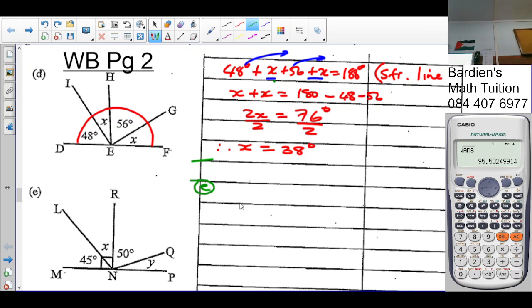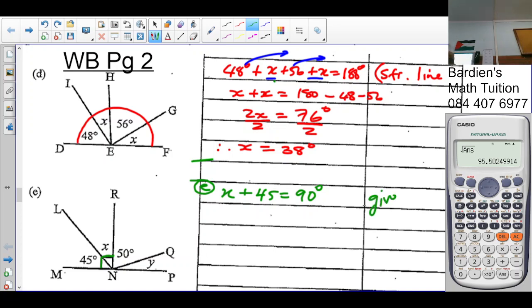Here we go, listen. People, that's 90 degrees. So let's go. It's going to be x plus 45 is equal to 90. Why? It's given, a right angle. If something is showing on your diagram, you say given.